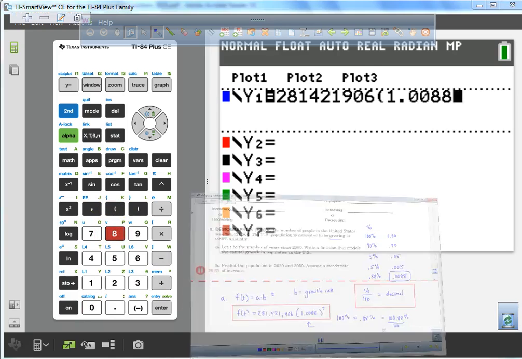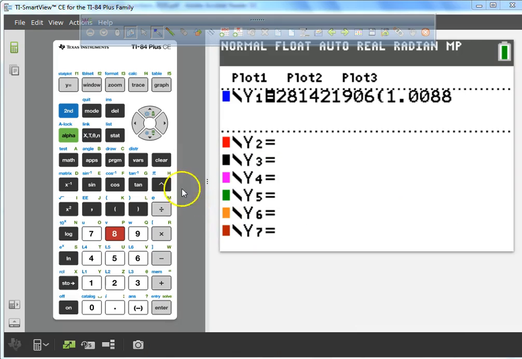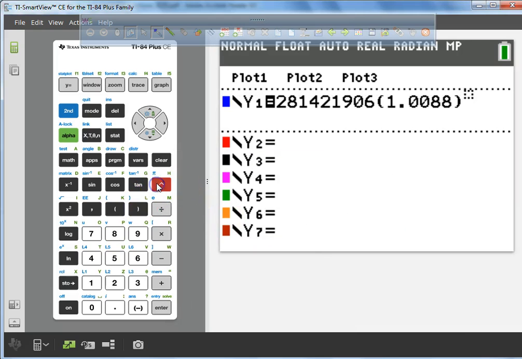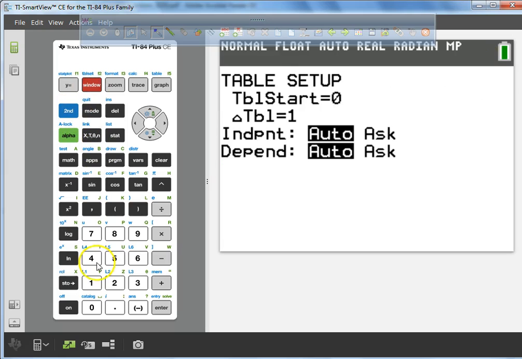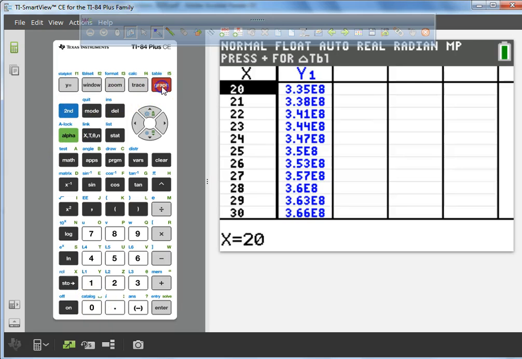Make sure. Yep. And I close that. I got to raise that to the power. In this calculator, I'm going to put power of x. Now here's what I'm going to do. I'm going to hit second window, and I'm going to start the table at 20 because that would be 2020.